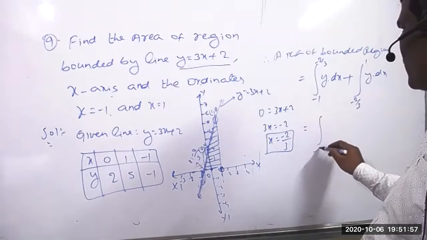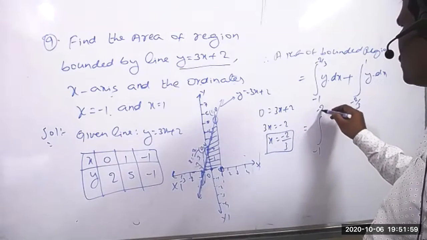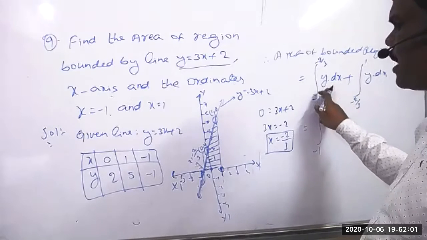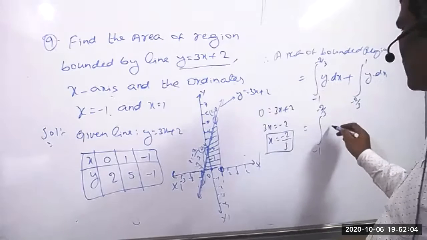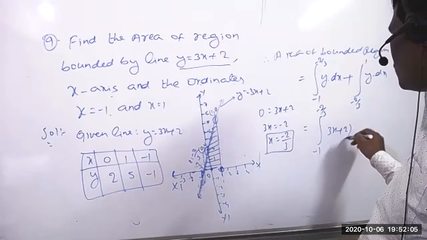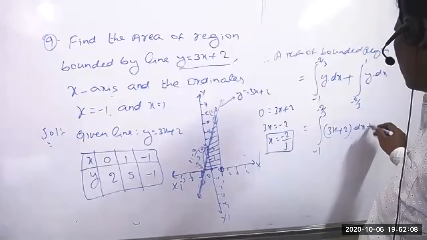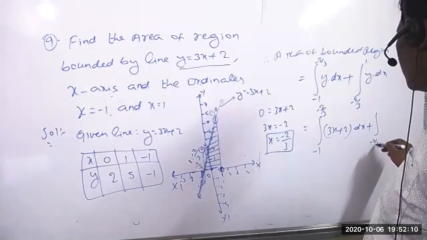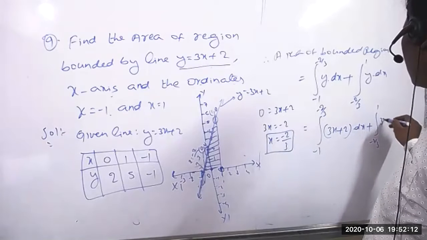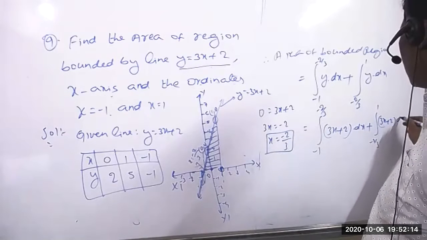Now we can substitute the value of y, the same function: integration of 3x plus 2 into dx from -1 to -2 by 3, plus integration of 3x plus 2 into dx from -2 by 3 to 1.